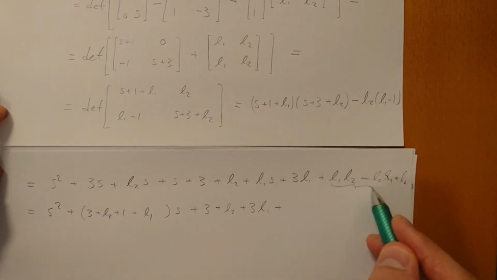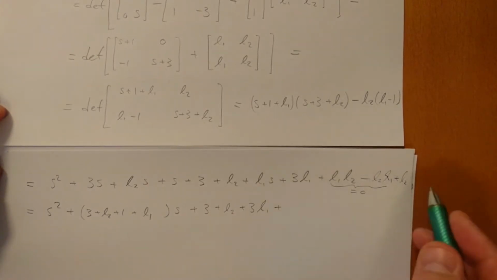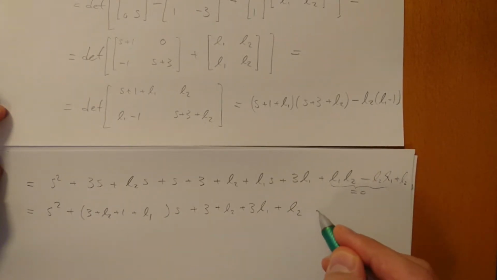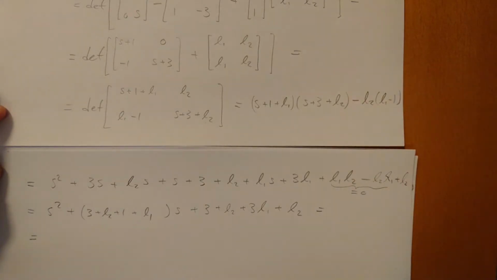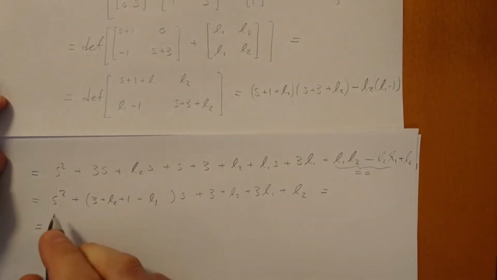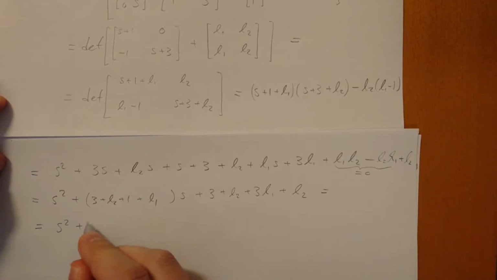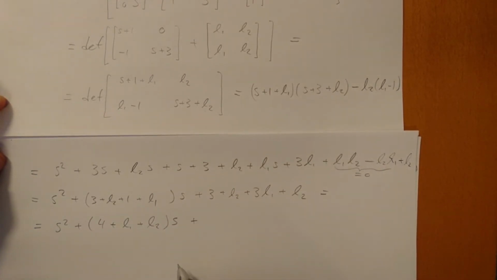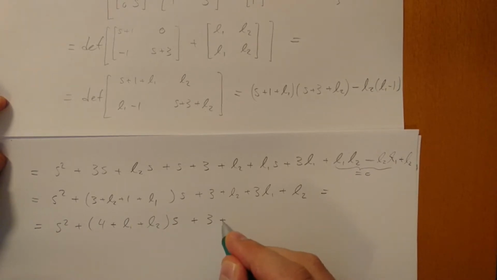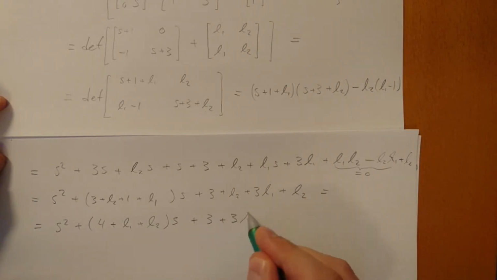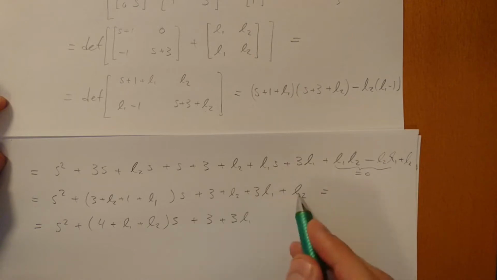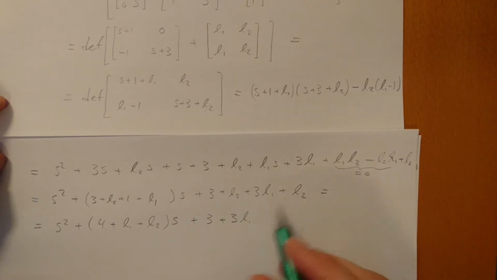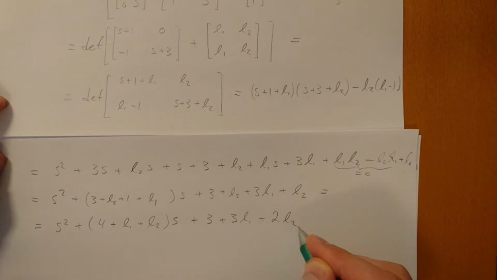So this thing cancels out, it's equal to 0. And then we have plus L2 over here. So if we simplify this one more time, we get 3 plus 1, which is 4, plus L1 plus L2 here, times s, and then plus 3 plus 3L1, and then plus 2L2, since we have L2 there and there.